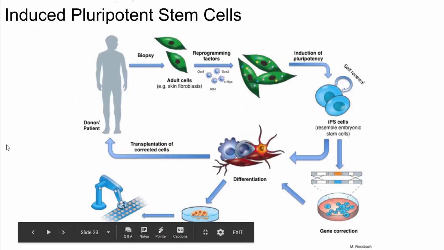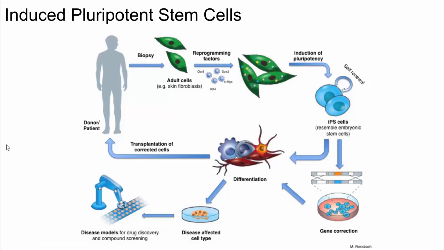So here's the process. Take a donor or a patient, take a sample of their cells from, let's say, their skin, and reprogram them. Basically, they use different chemicals, different environmental factors to change those into iPS cells. These iPS cells can then be turned into any other type of cell in the body. Scientists have learned that if we give these stem cells these chemicals in the petri dish, they will turn into neurons.